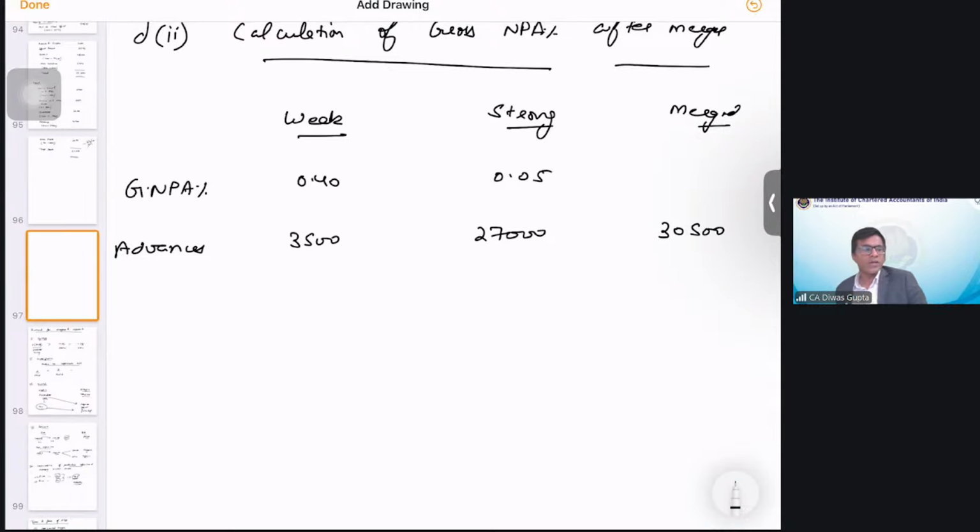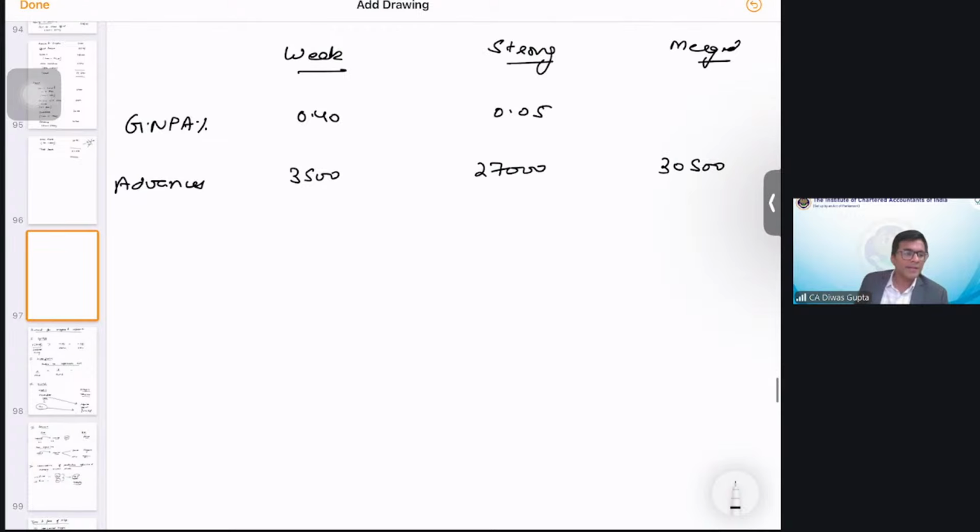Then let's come to gross NPA. Saminathan is saying last week we studied these provisioning for bank and auditing classes. Yes, from the topic of bank audits, right? Okay. So these are the advances. Now, what is the gross NPA absolute amounts? 3,500 into 0.40.